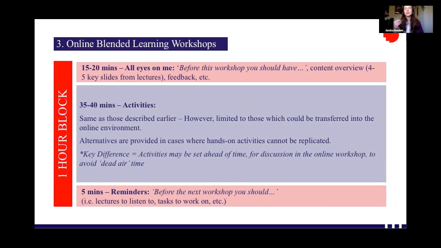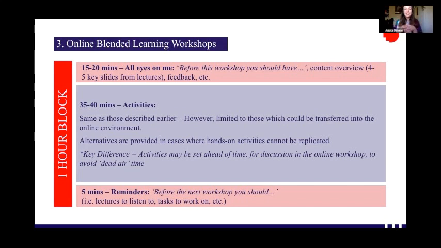So if they're doing a task such as looking at credible or non-credible articles, I will get students to read some of these before the class. So when they come into the class, it's all online discussions. That avoids dead air time where you're asking students to read something for the first time. So the students would have to come a little bit more prepared for these sessions.